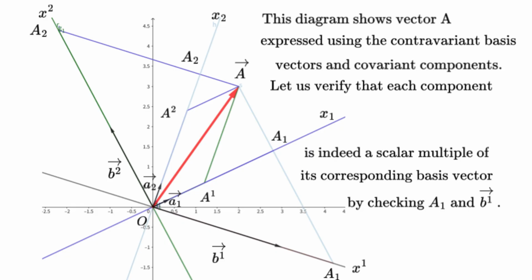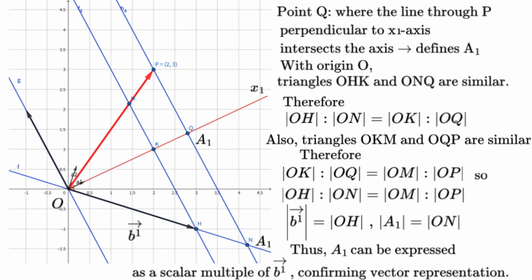Let us verify that each component is indeed a scalar multiple of its corresponding basis vector by checking A1 and B1. This diagram illustrates how the covariant component A1 is expressed as a scalar multiple of the contravariant basis vector B1. Please pause and take your time to verify this for yourself.